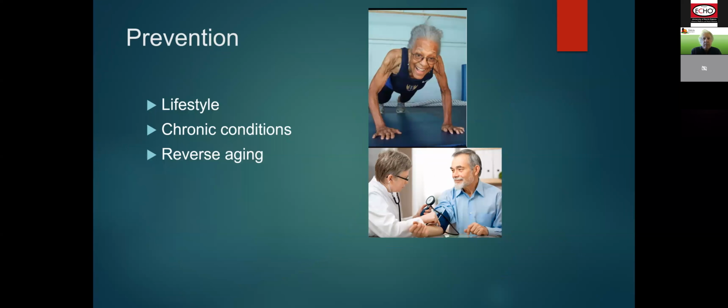So to focus on prevention, there's a variety of approaches. It may not come as a surprise that lifestyle in and of itself has a very powerful impact. Also, avoidance of chronic conditions, or what we would call good control of chronic conditions, is an approach to prevent dementia. As an example, we know that type 2 diabetes is a predisposition to early dementia.